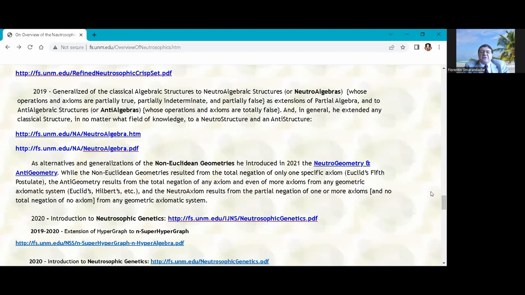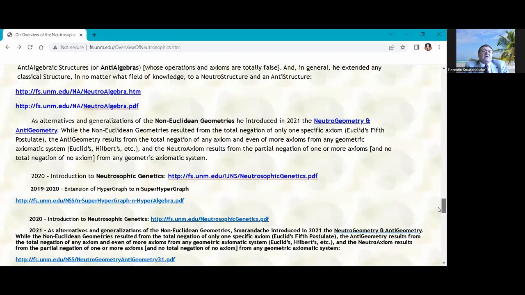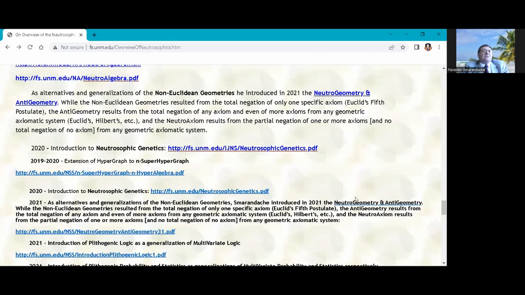So besides neutrosophic algebra, then applying it to neutrosophic geometry, in 2001 I defined the neutrosophic geometry, which is similar to the neutrosophic algebra, a geometric space where at least an axiom is partially true and partially false or partially indeterminate.